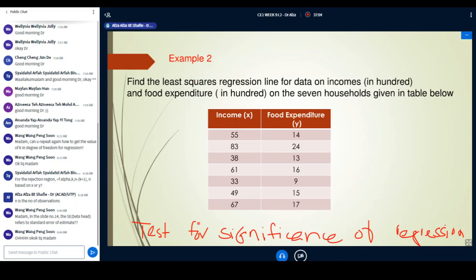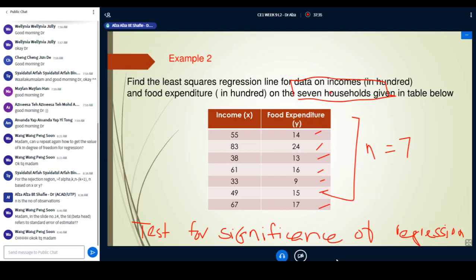It says test for the significance of the regression, that means I'm supposed to carry out the whole test. 7 households means I have 7 sets of data, 1, 2, 3, 4, 5, 6, 7, 7 for X, 7 for Y. So here my N is equal to 7. This is how I get the value of my N.